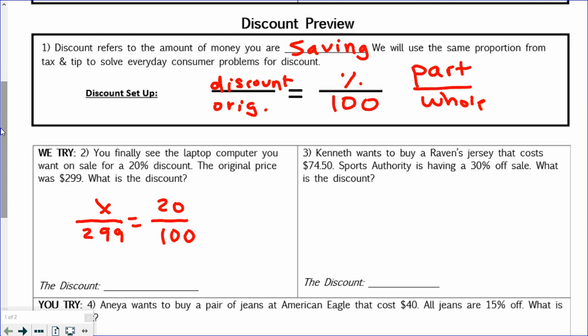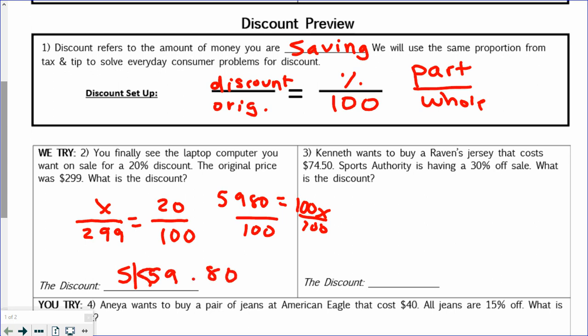From here, I'm going to cross multiply. 299 times 20 is 5,980, and that's equal to 100x. Then we would divide by 100, and that should give me $59.80.